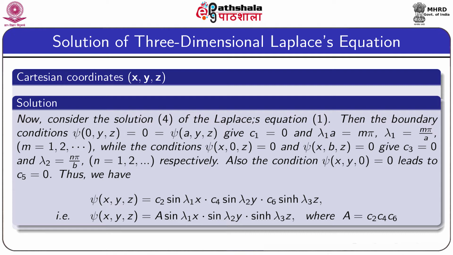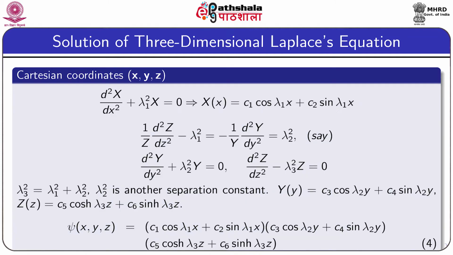Now, think about the third boundary condition, psi at y equals 0 and z equals 0. If we apply that condition here, we have to put y equal to 0. Then the second expression becomes C3.